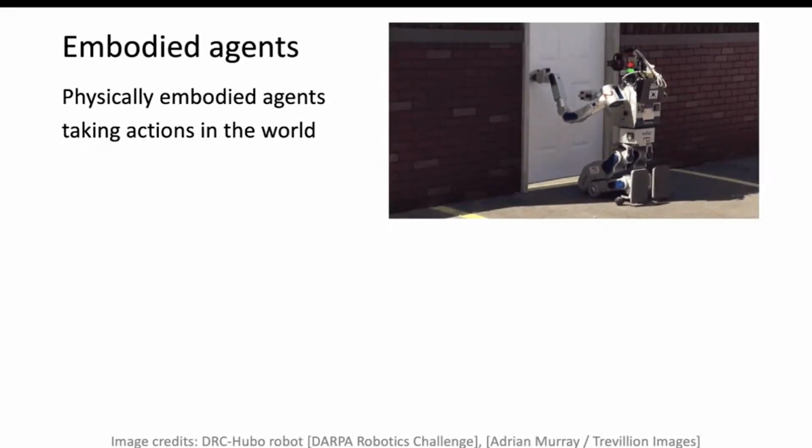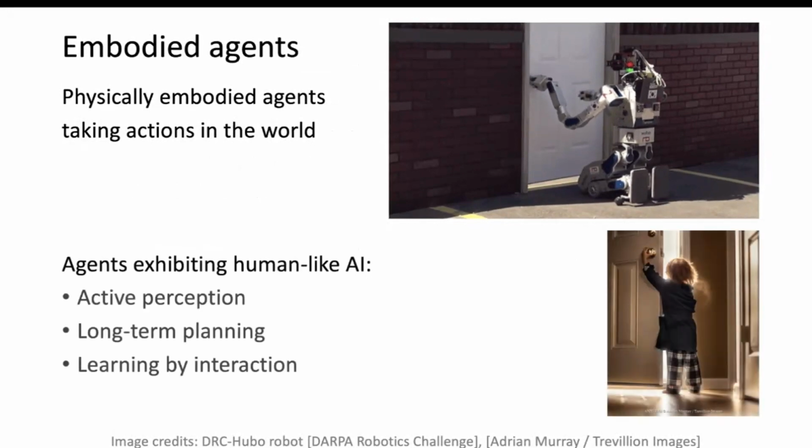And research in this direction studies questions like, how do we develop computational systems that exhibit human-like intelligence in terms of their ability to actively perceive the environment, to do some sort of long-term planning in the environment, and also to learn how to do these things by interaction with the environment. So this is embodiment, embodied agents, research studying them.